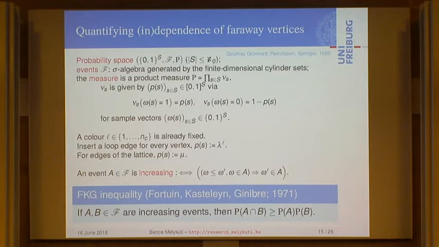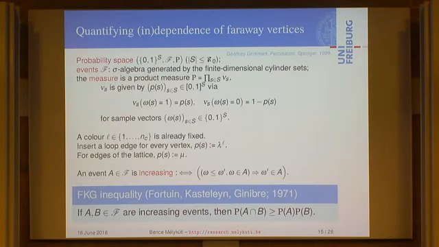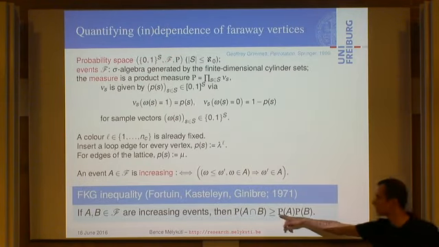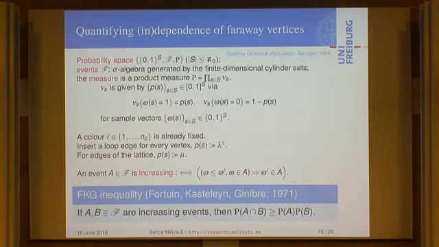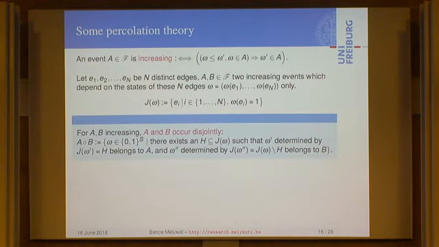And so there is this statement called the FKG inequality, which says that if you have increasing events, then this inequality holds, which is good because it looks like the sum that I want to upper bound. But then this is actually not what I want. What I want is this inequality to be in the other direction, in a way, which is something you can't get.